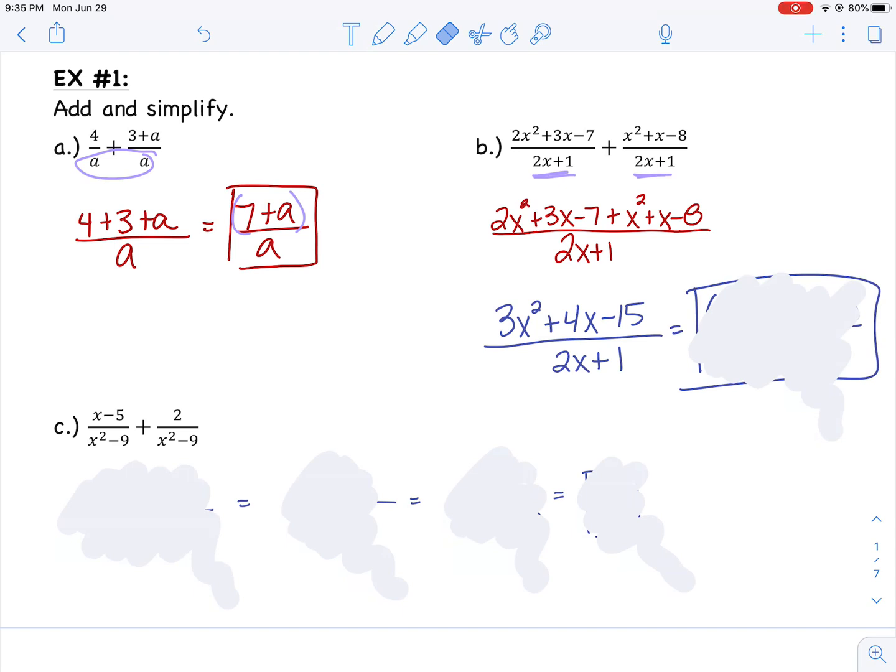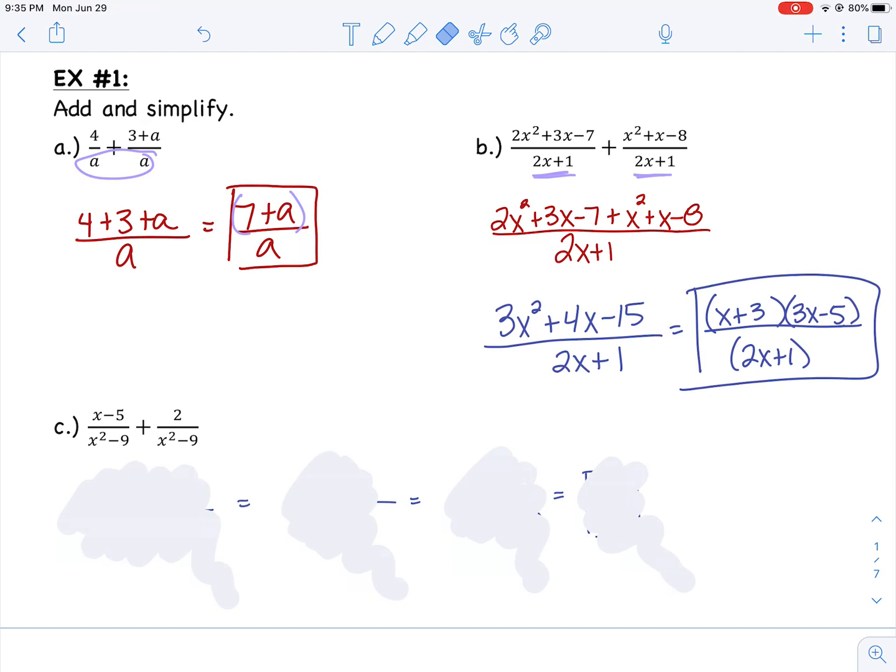Now, can I reduce this any more than it already is? Well, let's see if we can factor the numerator and factor the denominator and see if there's any common factors that I can reduce. It looks like the top might be a bottoms up problem. When I try to factor it with bottoms up, I ended up factoring it into an x plus 3 and a 3x minus 5.